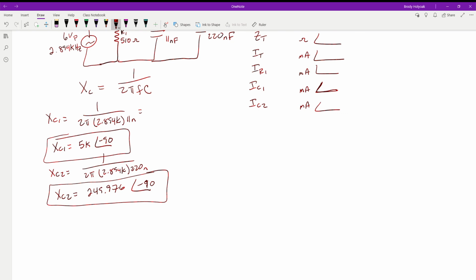Now the next one we want to look at is our impedance. The total impedance is going to be of the whole circuit, and they're all in parallel, so we're going to treat them with the reciprocal rule.